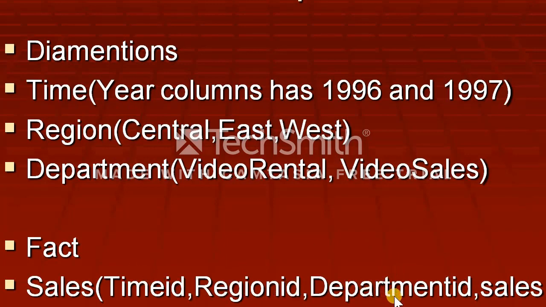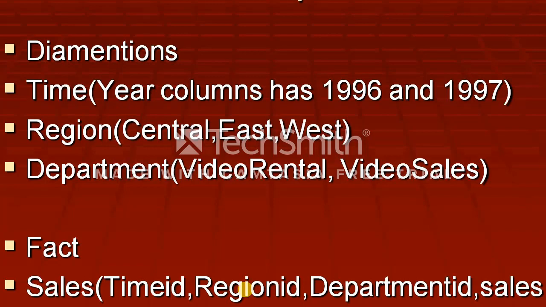It means we can know the sales of a department inside a region, inside some specific time. The fact table shows that we can get the sales of a department from a specific region and from a specific time.